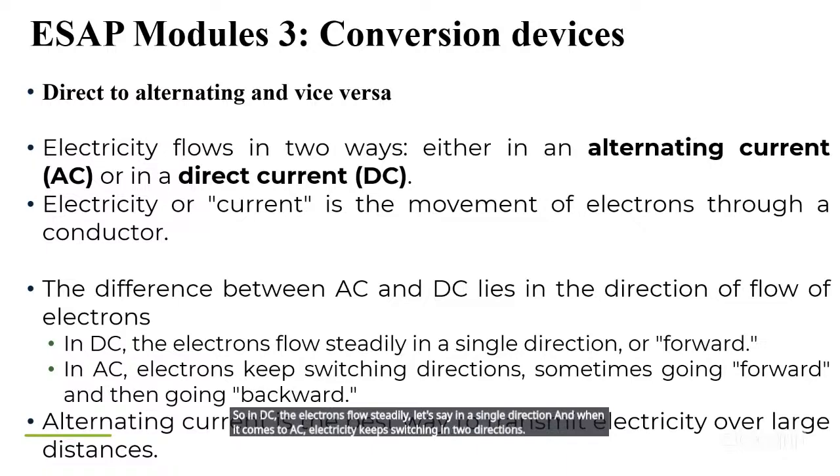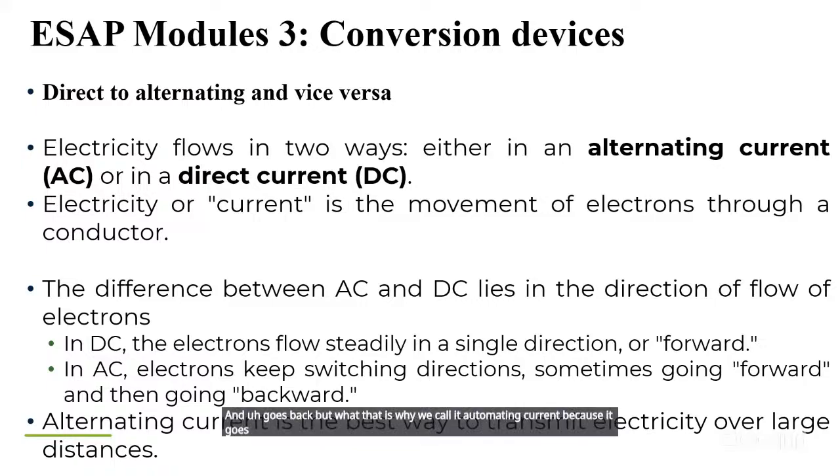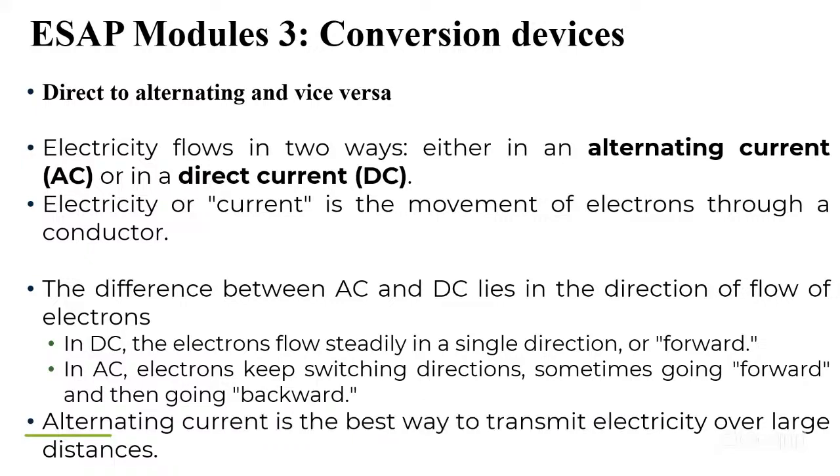Sometimes it goes forward and then goes backward. That is why we call it alternating current, because it goes forward and backward. But direct current goes in just one direction.